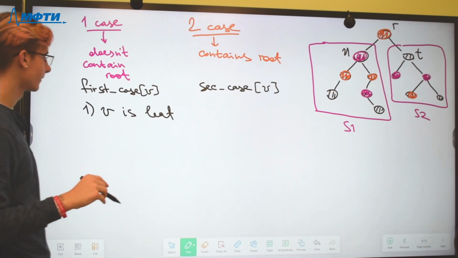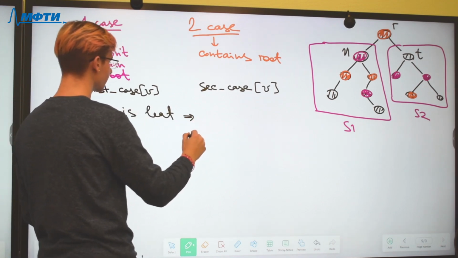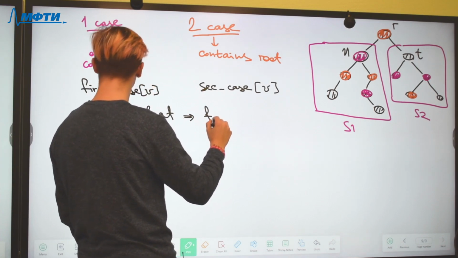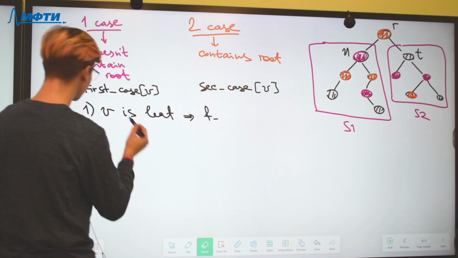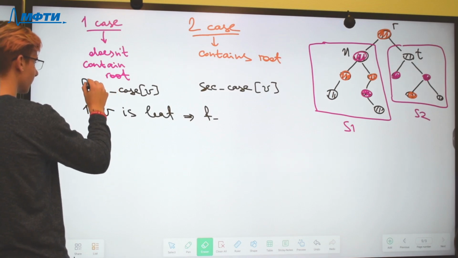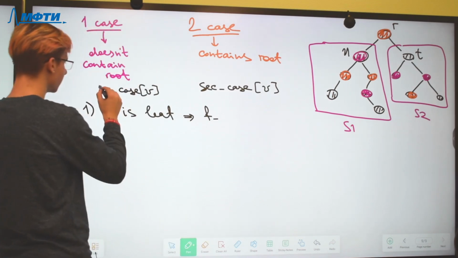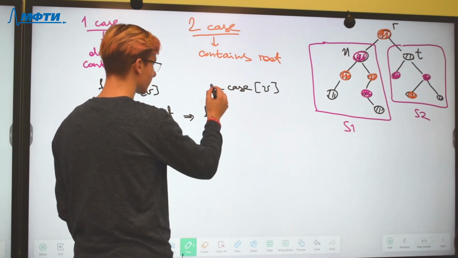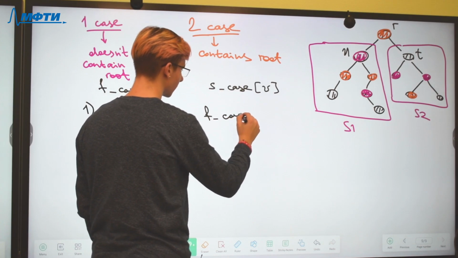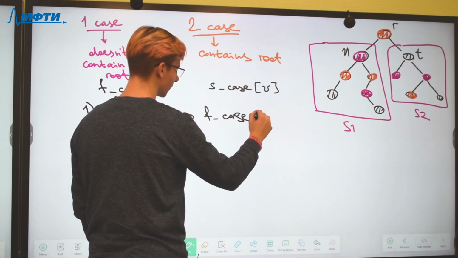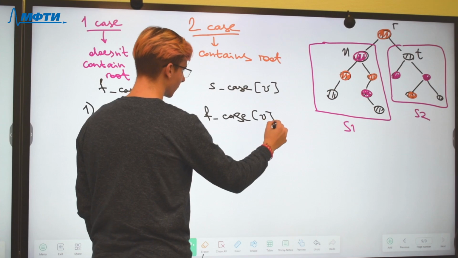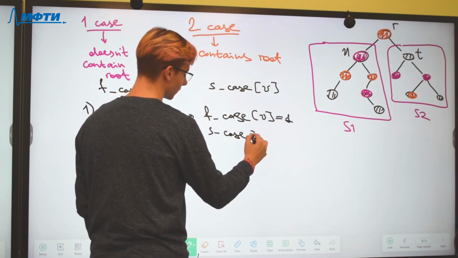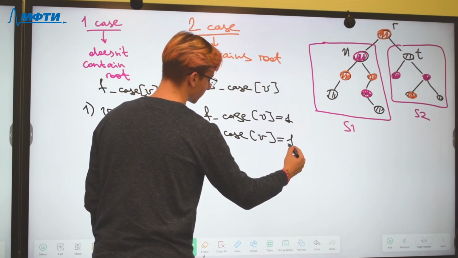So, I write it shortly to save my time. Our first case of v is equal to 1. Second case of v is equal to 1, 2.